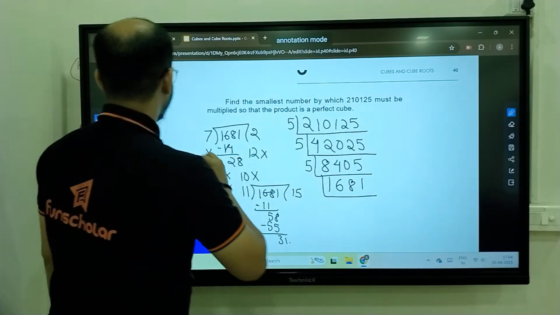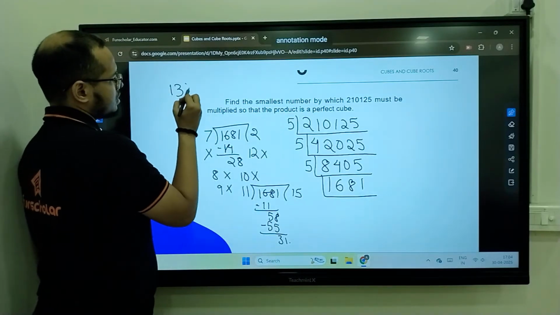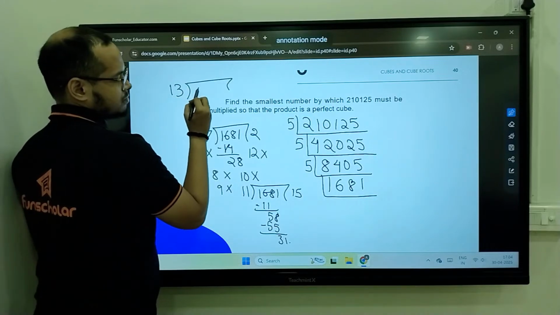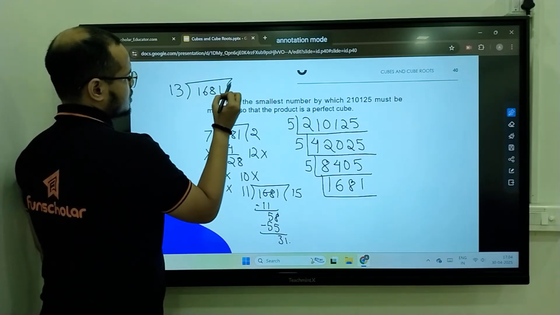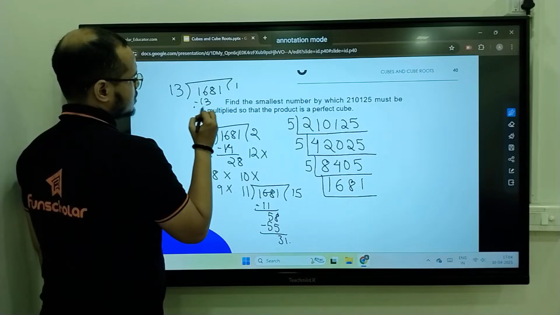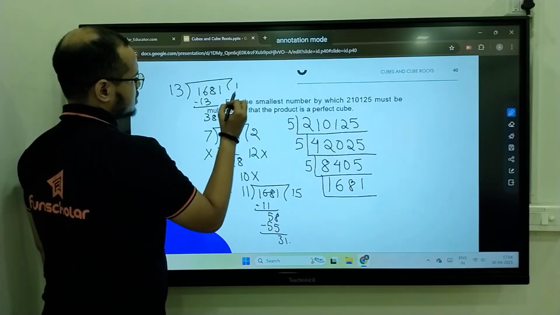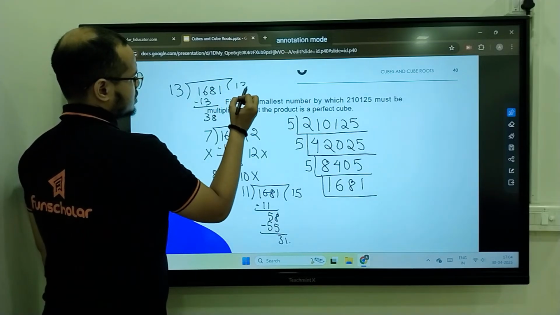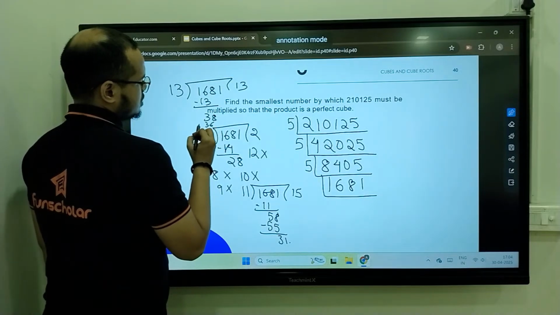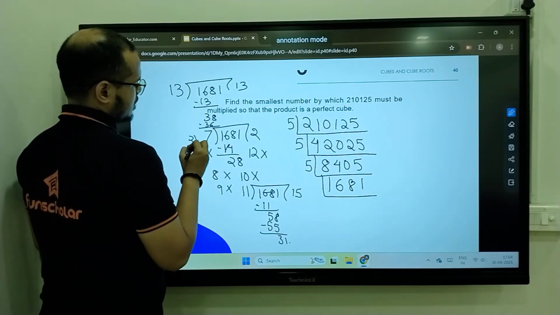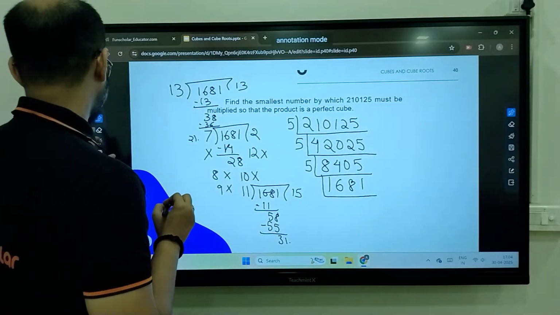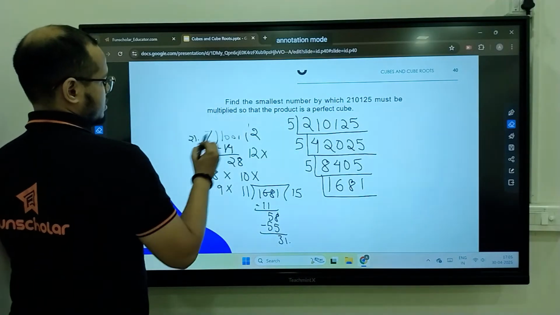Let's check for 13. 13 divided by 1681, 13 ones are 13, 13 threes are 39. Again not going with 13. Let us rub whatever is not required.